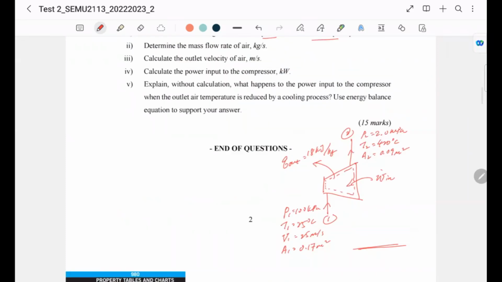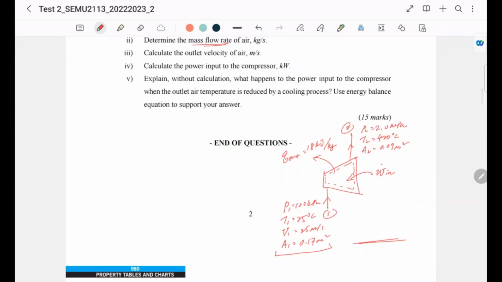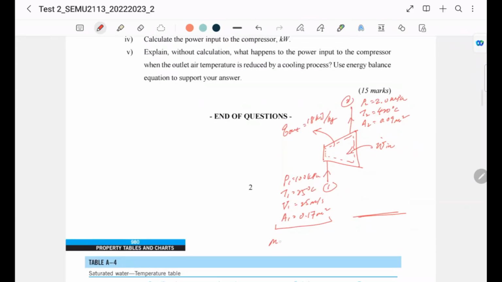Then the question wants us to determine the mass flow rate of the air. Seeing from here, the inlet condition, state 1, is definitely more complete. So we can calculate the mass flow rate based on rho A V, V being the velocity.